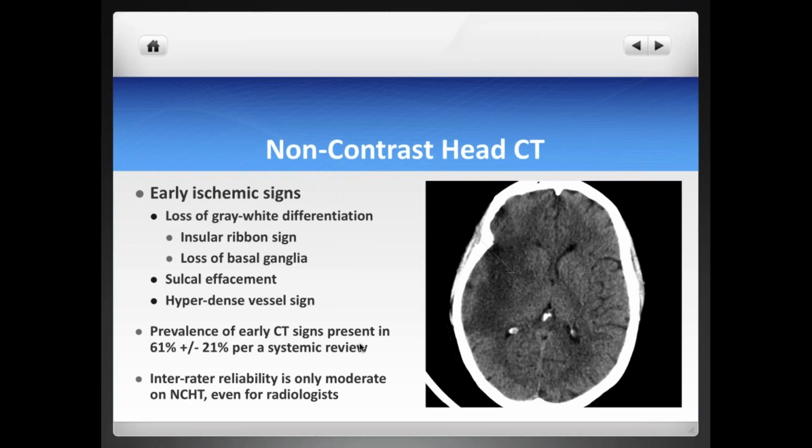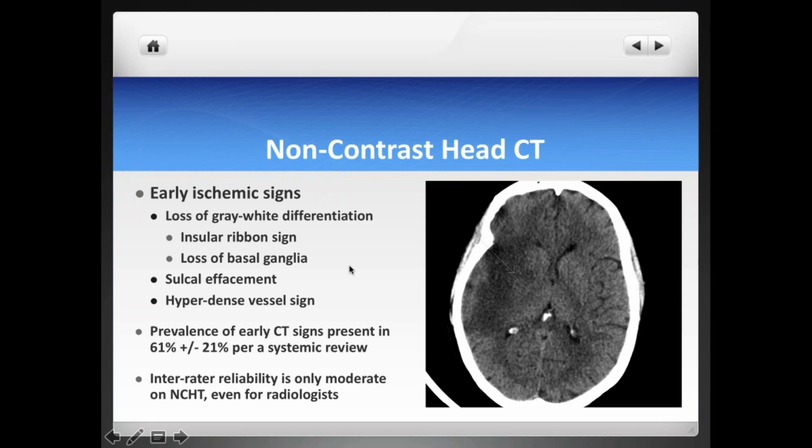Let's talk about early ischemic signs first. The first common thing that you see in a stroke is the loss of gray-white differentiation, kind of first-year radiology resident knowledge that you start reading when you start your residency. You can see here the asymmetry in both hemispheres, with the left hemisphere having the gray-white differentiation preserved and all the basal ganglia, all the gray matter nuclei, very well preserved, whereas on the right side you have effacement of this gray-white matter differentiation.